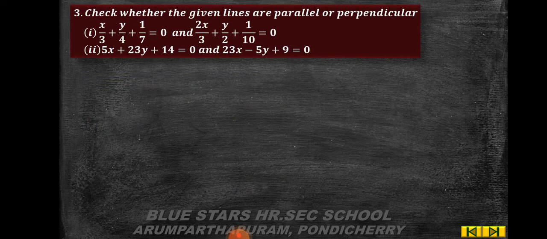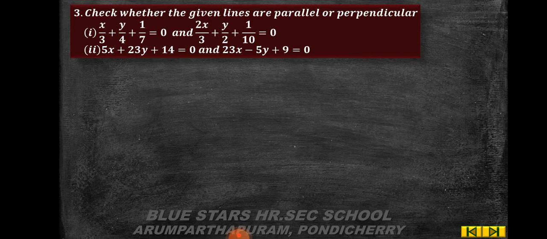Problem number 3 in exercise 5.4. Check whether the given lines are parallel or perpendicular. First subdivision, x by 3 plus y by 4 plus 1 by 7 is equal to 0, and 2x by 3 plus y by 2 plus 1 by 10 is equal to 0.